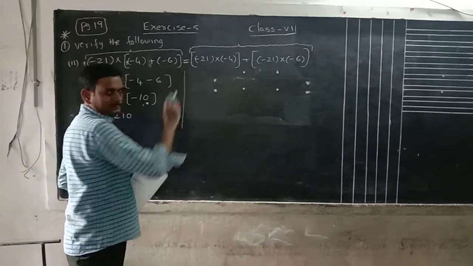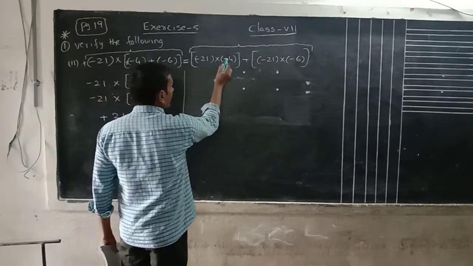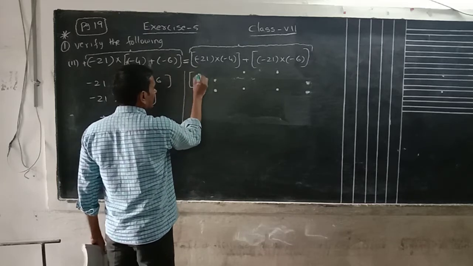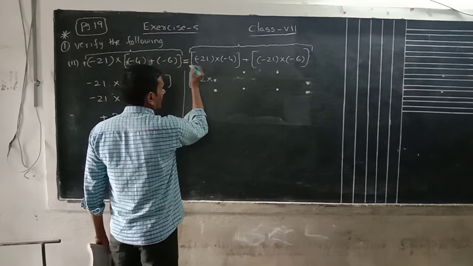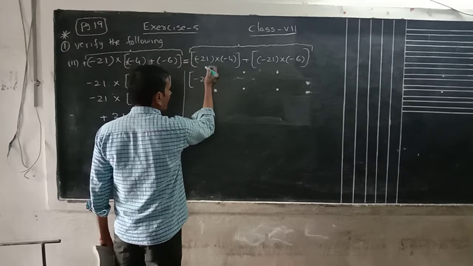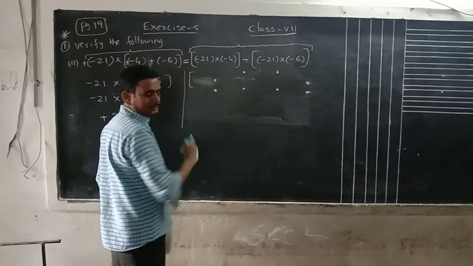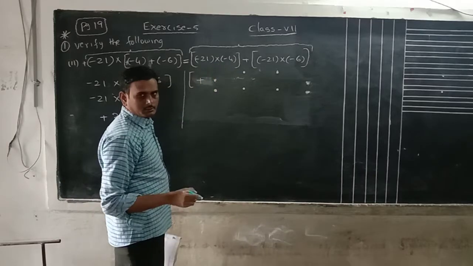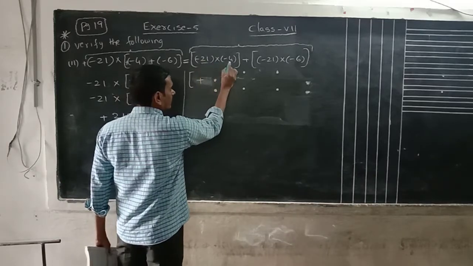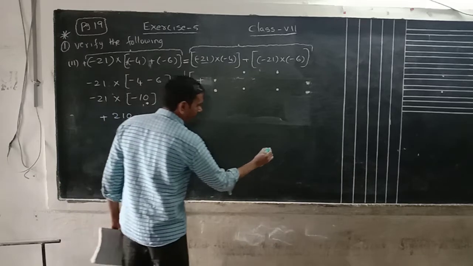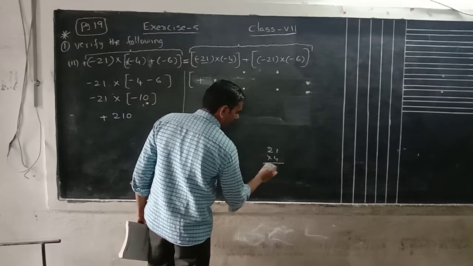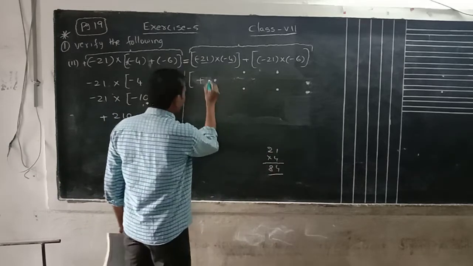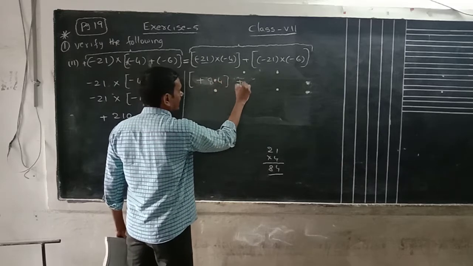Go for the next part. First remove the brackets. Minus 21 into, directly multiply. Minus into minus is plus. 21 4s are 84.